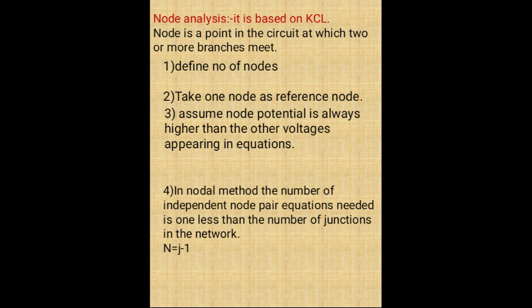Point 4: in the nodal method, the number of independent node pair equations needed is 1 less than the number of junctions in the network. It means if there are J junctions in the network, the number of nodal equations will be 1 less, that is J minus 1.